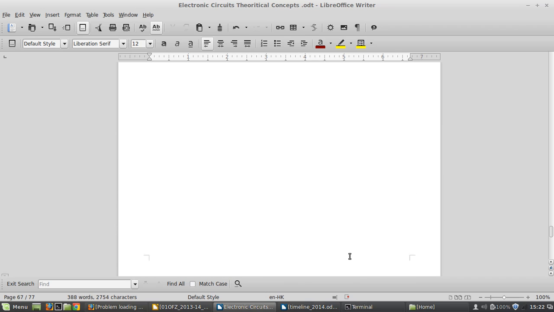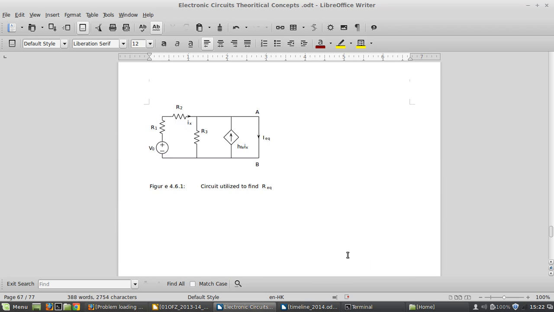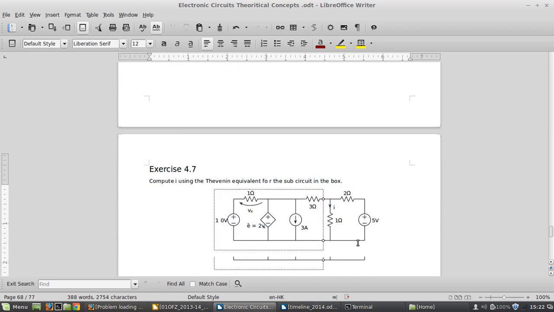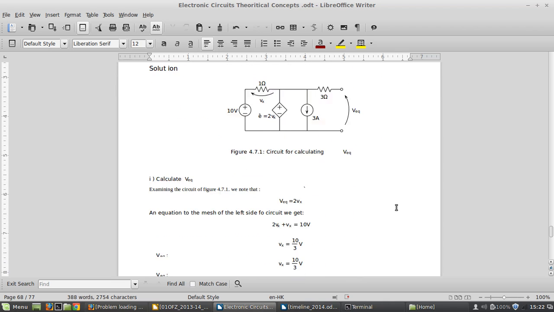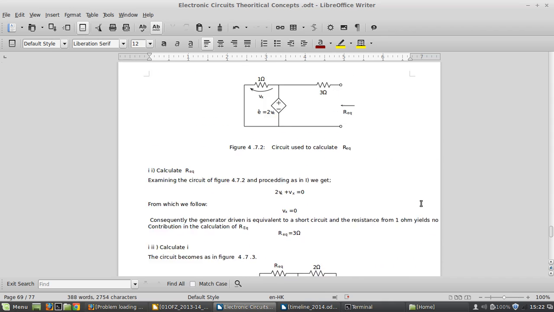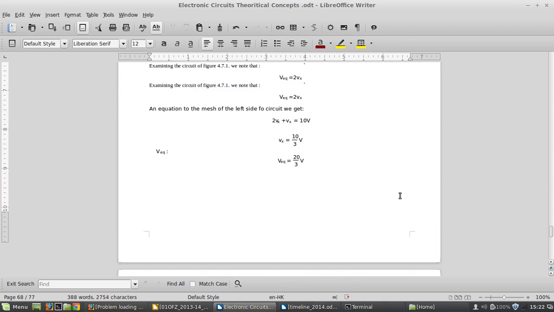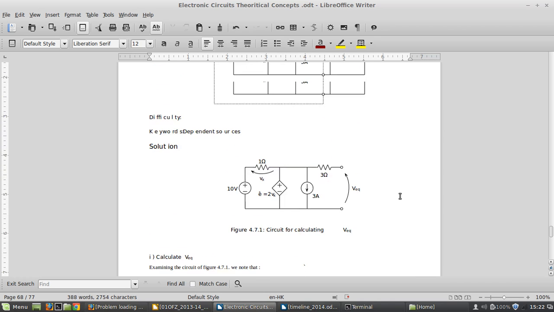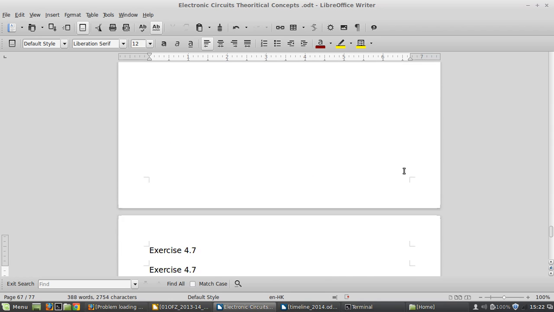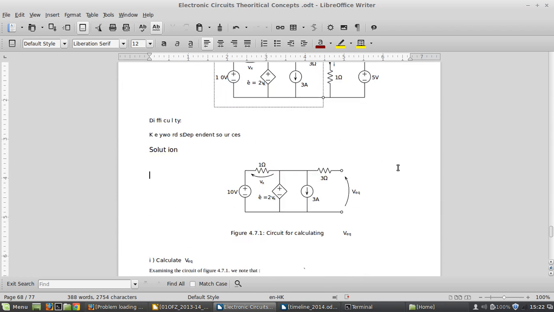Alright, so after that the second step is to find the R equivalent. For finding the R equivalent, you have to check what can be done. Here we see 2 times Vx plus Vx equals 0. That means this voltage plus this voltage will be 0 if you use a KVL here, right?